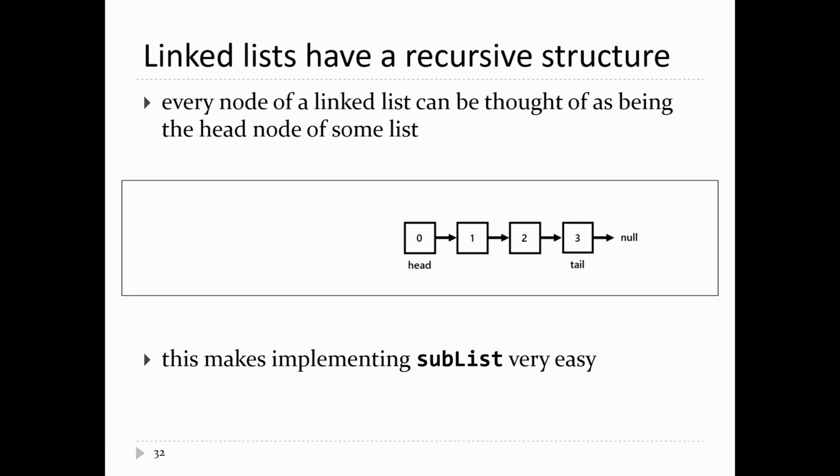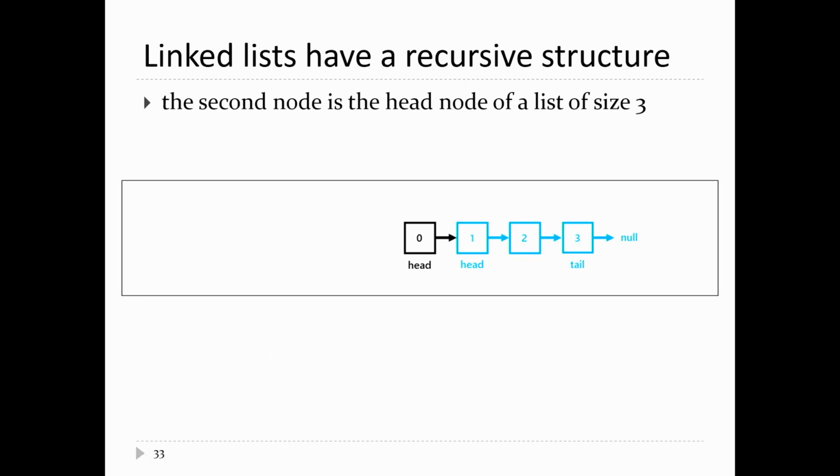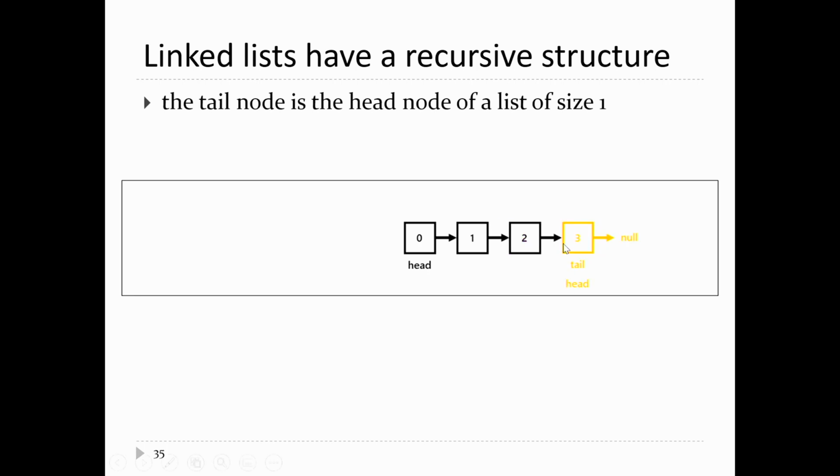Remember what sublist does: it returns a part of another list. So the second node is the head of a linked list of size 3. The third node is the head of a list of size 2. And that last node is also the head node of a list of size 1.